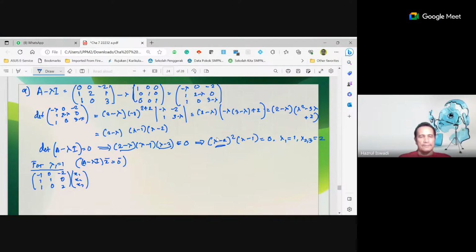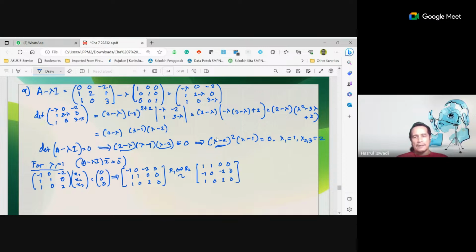This equals 0, 0, 0, and this is a homogeneous linear equation system. So we have the augmented matrix -1, 0, -2, 0 / 1, 1, 0, 0 / 1, 0, 2, 0. We switch R1 and R2, giving 1, 1, 0, 0 / -1, 0, -2, 0 / 1, 0, 2, 0.